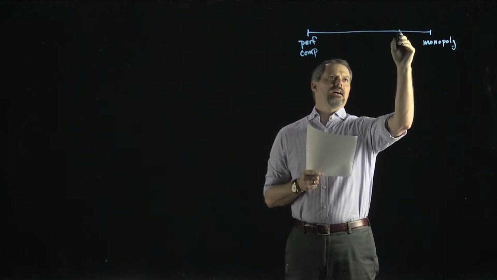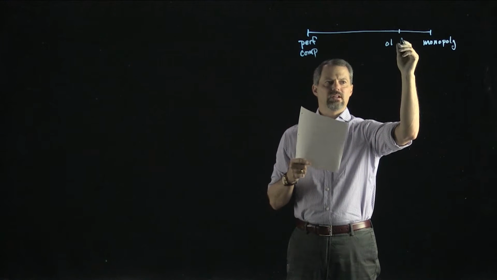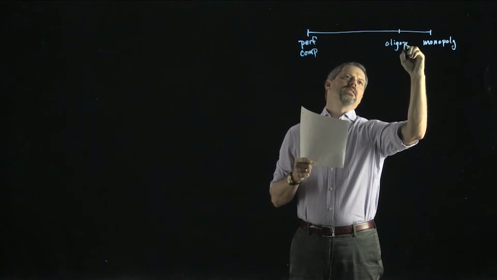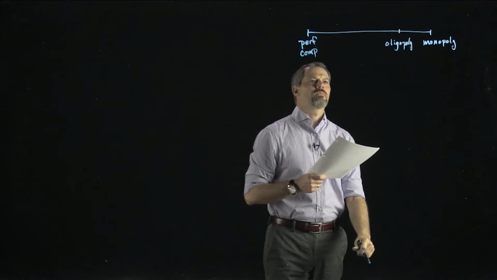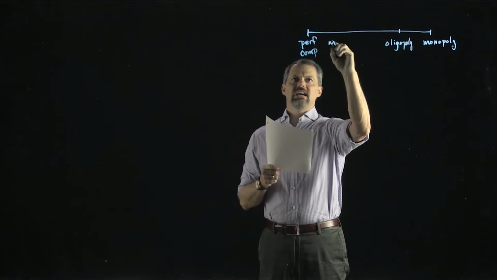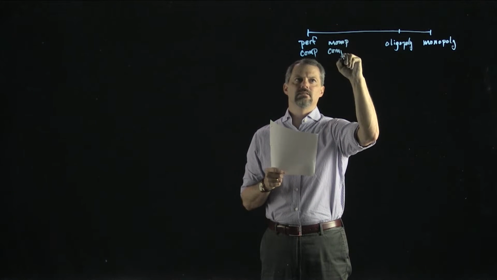We've talked about lots of models of oligopoly that kind of fit in here. I probably shouldn't even put a point right there, but let's go ahead and put it. Oligopoly. And now we're going to think about monopolistic competition, which is down here closer to perfect competition. Monopolistic competition.